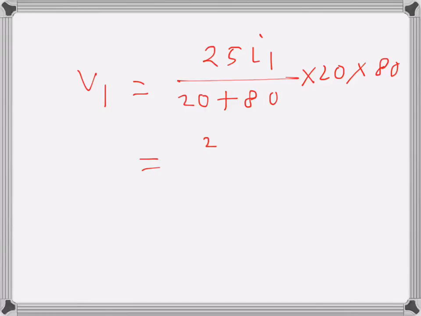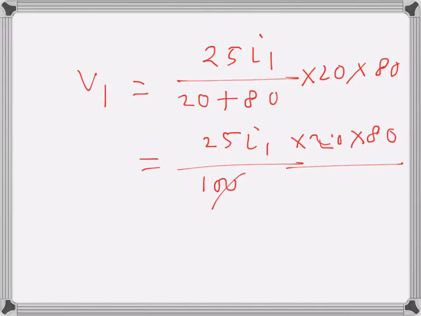So we have 25 I1 over 100, times 20 times 80. This is gone, these two zeros, so that is 16, so 400 I1 is V1, and we know V1 is 5 by 4, so we can find I1 from here.